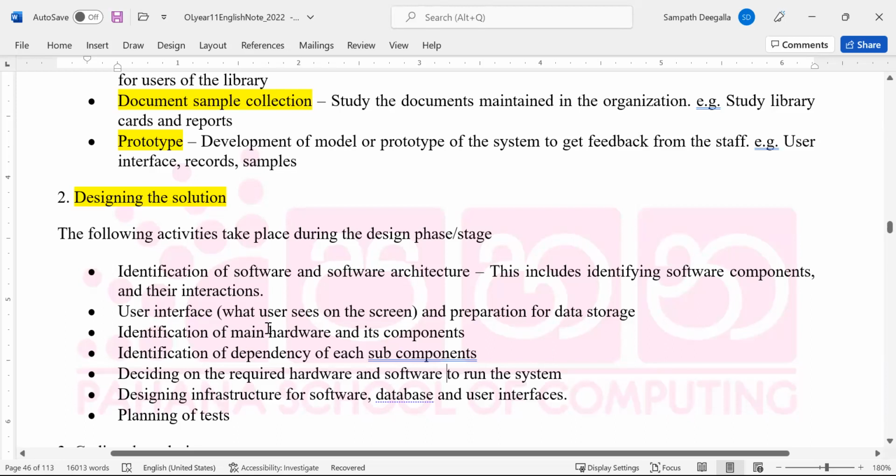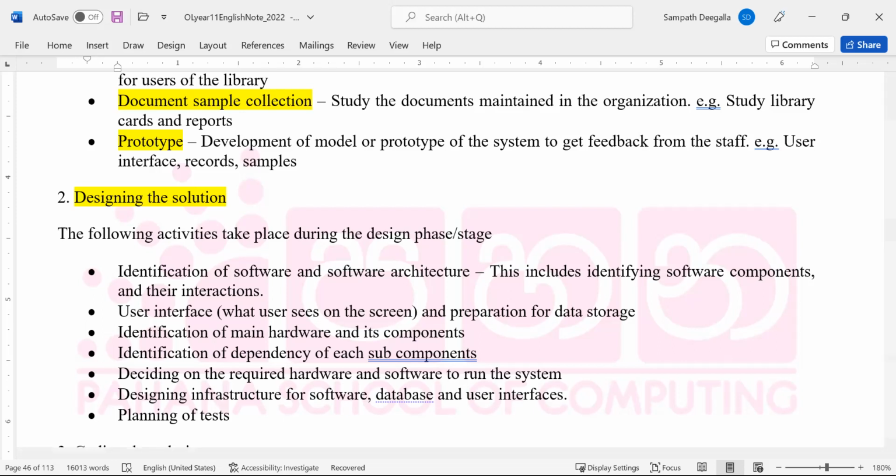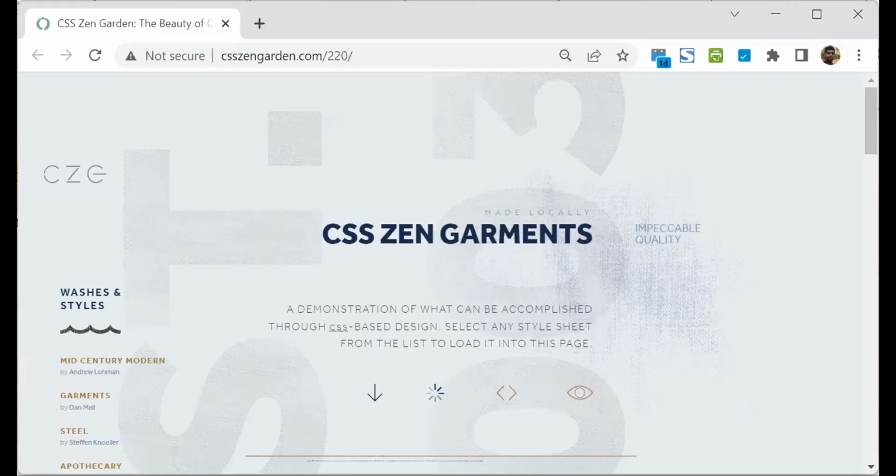Then user interface, what the user sees on the screen. Right now, let me give you one more example for this. We have already seen earlier how the system looks in different devices.